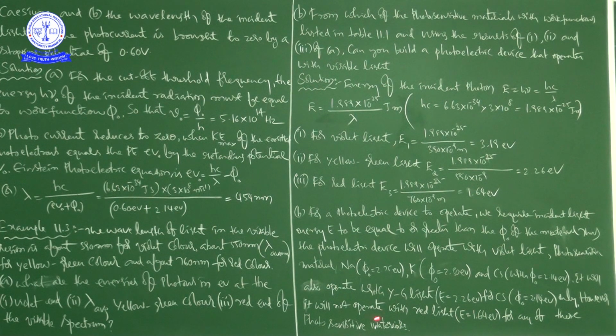For red light it is only 1.64 electron volt. When the energy of the incident radiation is less than the work function, it is not possible, right? So that's why you can say that it will not operate with red light for any of these photosensitive materials.